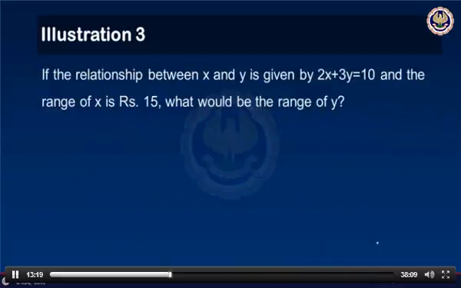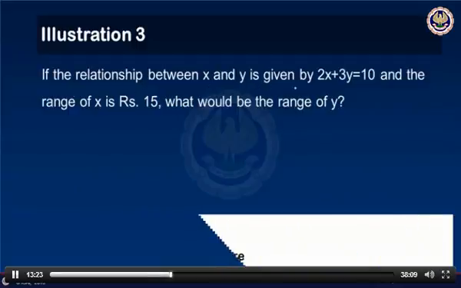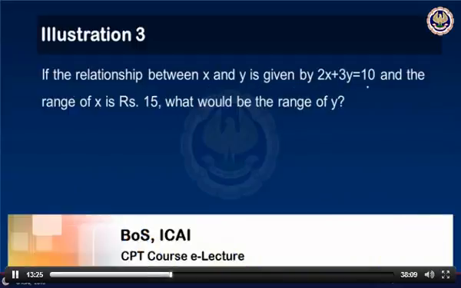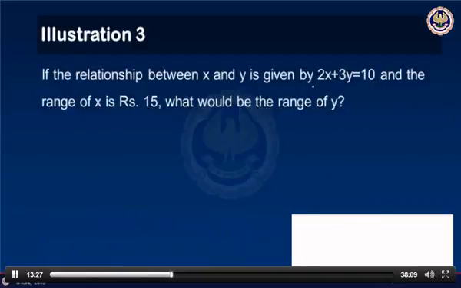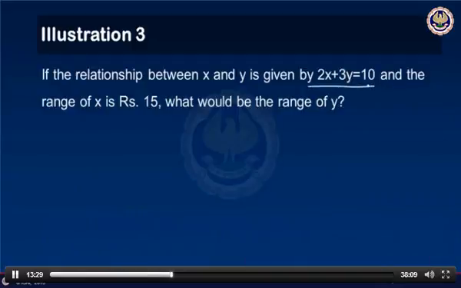Now coming to illustration number 3. If the relationship between x and y is given by 2x plus 3y equal to 10, and the range of x is rupees 15, what would be the range of y? Now let us see the data.